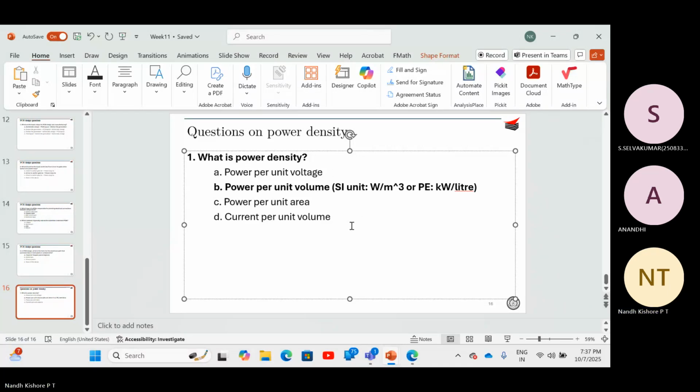So the next question is, how do we increase the power density? How can power density be improved?